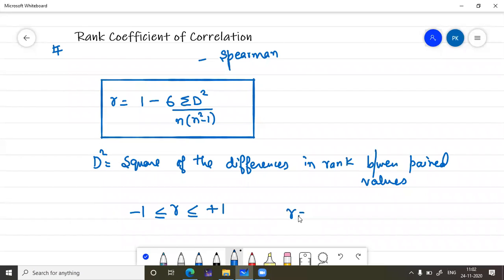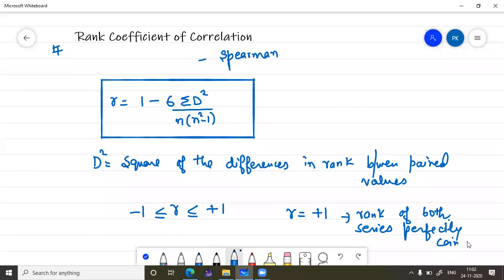If we get R equals +1, we can say that the ranks of both series perfectly coincide. We say it is perfect positive correlation.